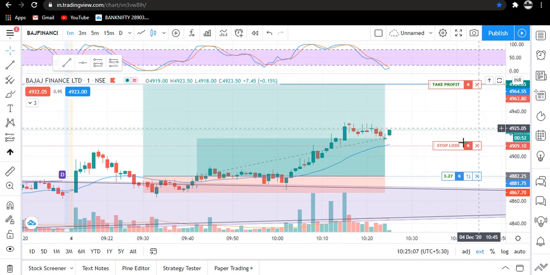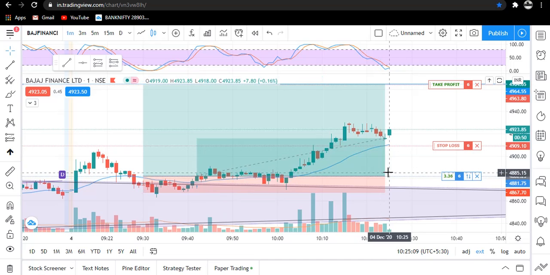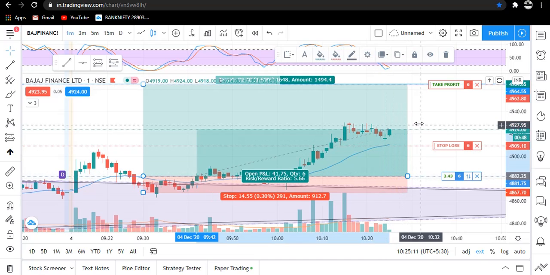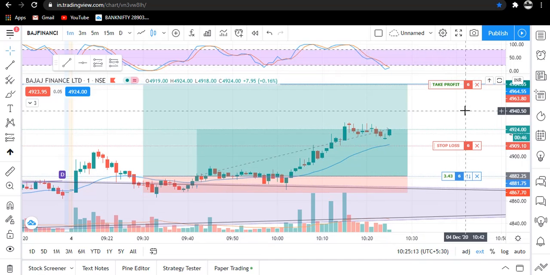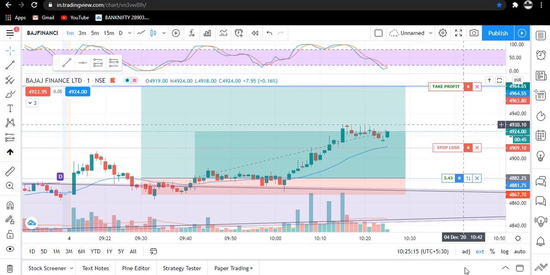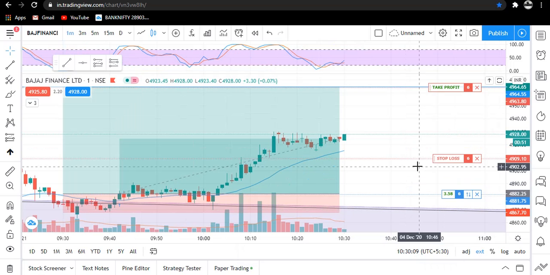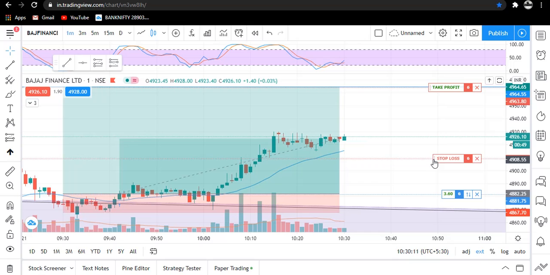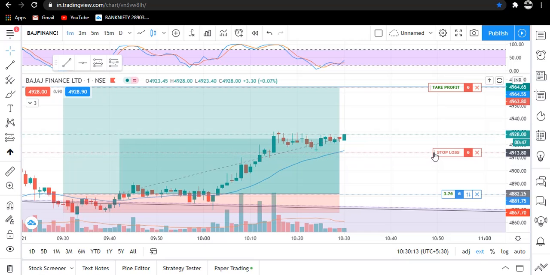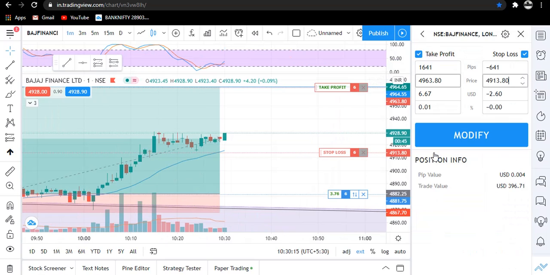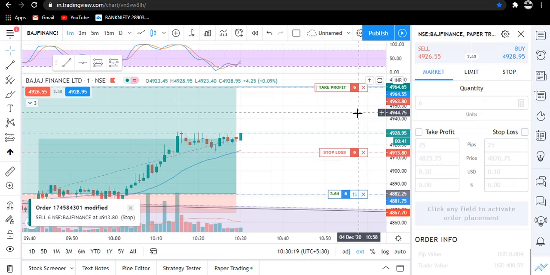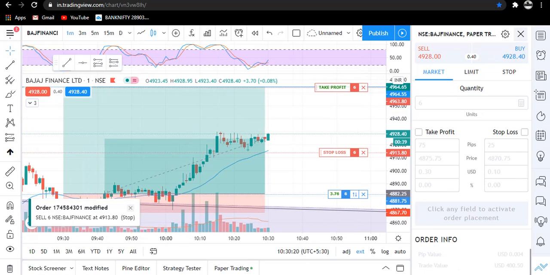I have trailed my stop loss and now the trade is going on. I will update you when I trail some more or it hits our target. Okay traders, I am trailing my stop loss more to this swing low and modifying it, and done.